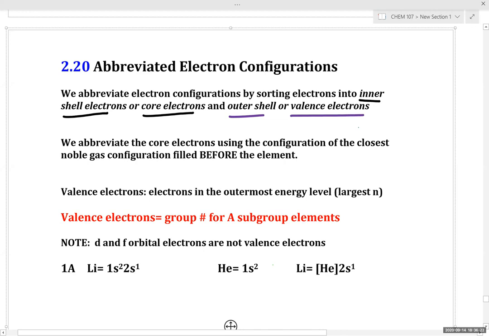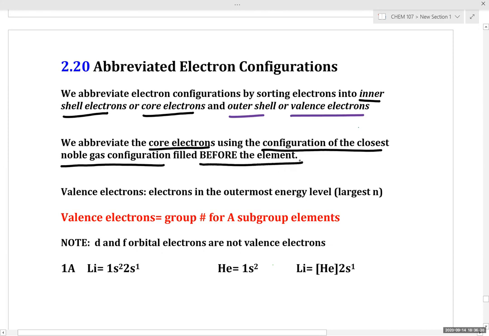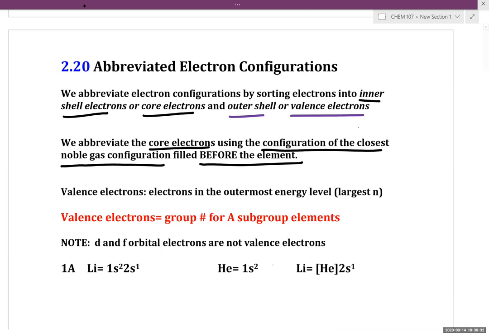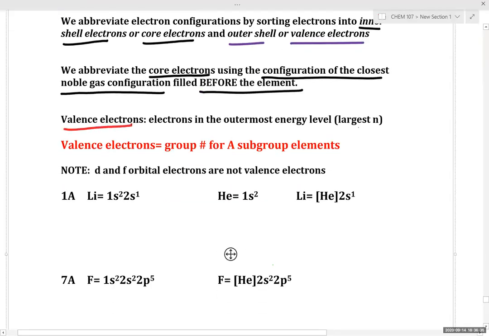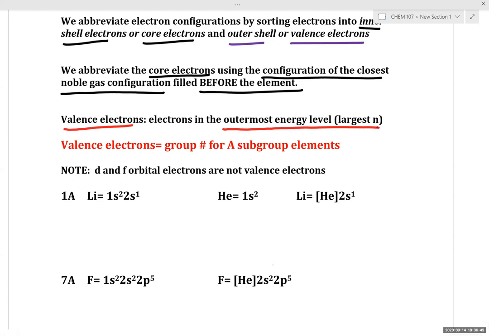We can abbreviate the core electrons using the configuration of the closest noble gas filled before your element. Let's also define some further terms. Valence electrons are electrons in the outermost energy level, the electrons in the orbitals with the largest n value. And the number of valence electrons equals the group number for main group elements.